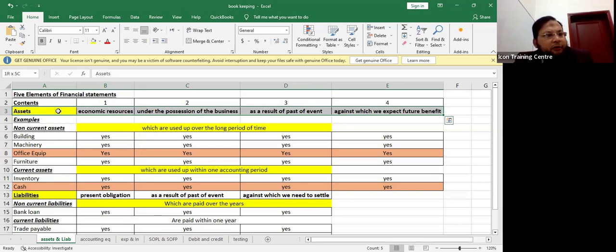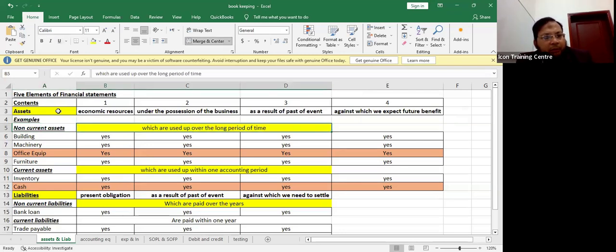It should be our economic resource, it should be under the possession of the business, it should come as a result of past event, and against which we should be expecting future economic benefit. Then we will recognize it as an asset. There are two types of assets: non-current assets, which are used up over the longer period of time, and current assets, which are used up normally within one accounting period.